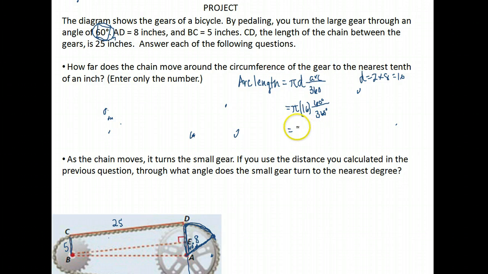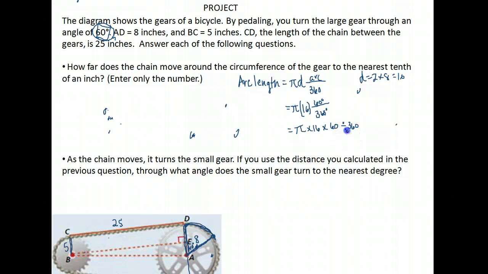And now we just take out our calculator and calculate that. So to do this you would do pi times 16 times 60, and then for that fraction, you just divide by 360. Okay, so let's do that. Pi, use the button on your calculator, times 16 times 60, and then divide by 360.